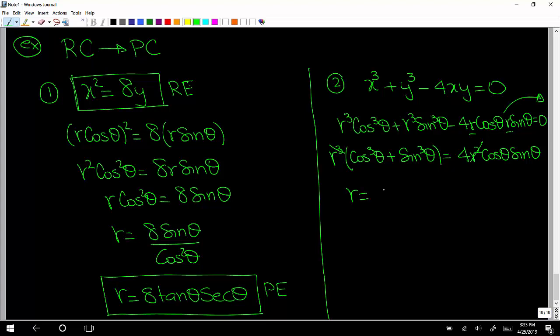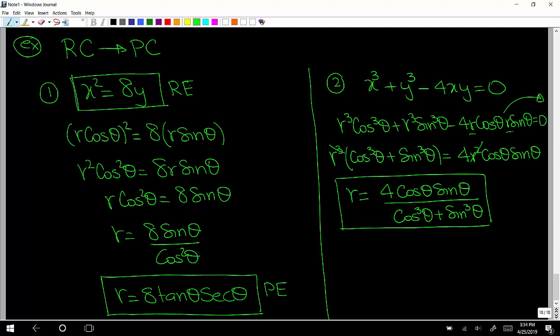So I get r is equal to 4 cosine theta sine theta divided by cosine cube theta plus sine cube theta. So this is the value of r.